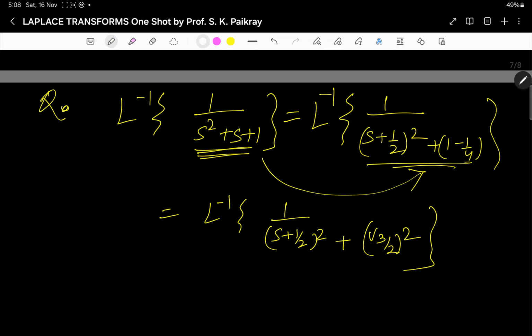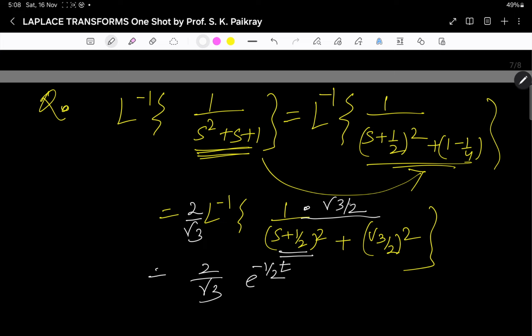To apply the formula here, we need a root 3 by 2 in the numerator. So to balance it, we multiply and divide by root 3 by 2. So this will be 2 by root 3, and because of s plus half, e to the power minus half t. Now you think it is omega by s square plus omega square, so here it is sin omega t, sin root 3 by 2 t. Okay, so this is the answer.